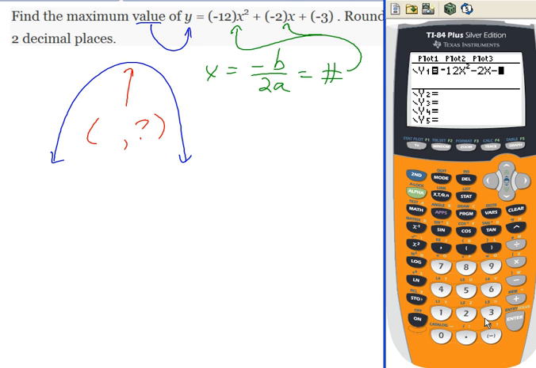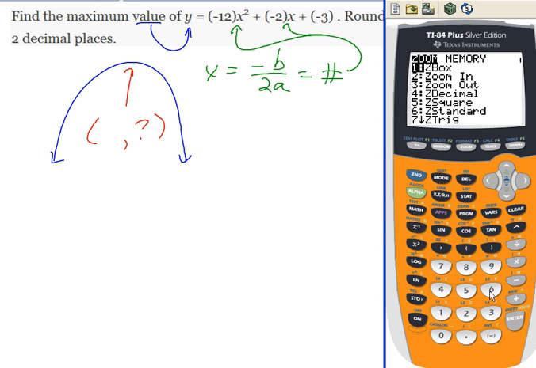I got to get this thing where I can see it. I might start off by trying zoom standard, sorry, zoom 6. And I lucked out this time. I can actually see the parabola, but it's not in a very good spot on the screen. Here's how you want to think about the window. The window is like a rectangular template that you're putting over the XY plane.